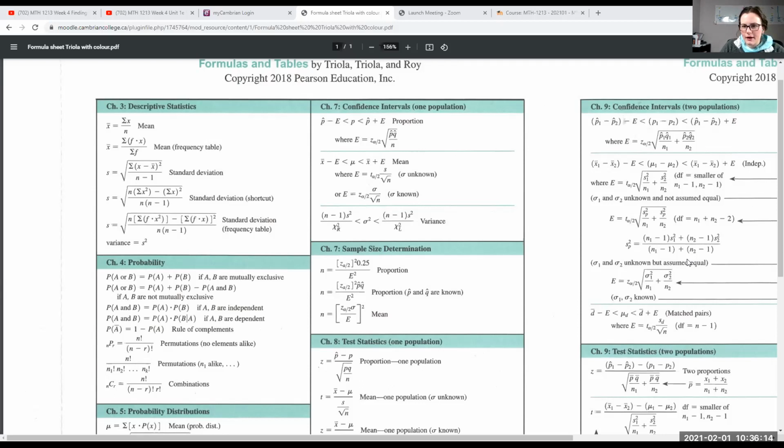X bar is equal to the frequency, so 2 times the midpoint, which is 59.5.